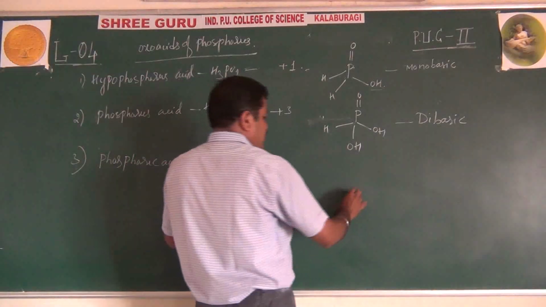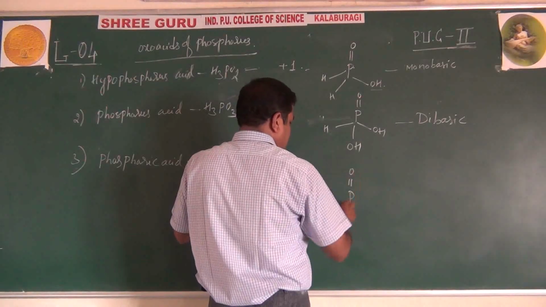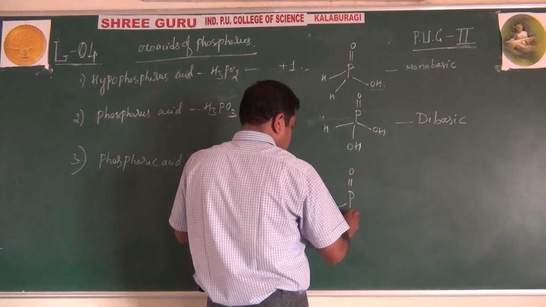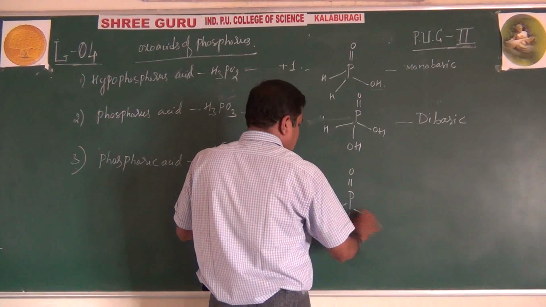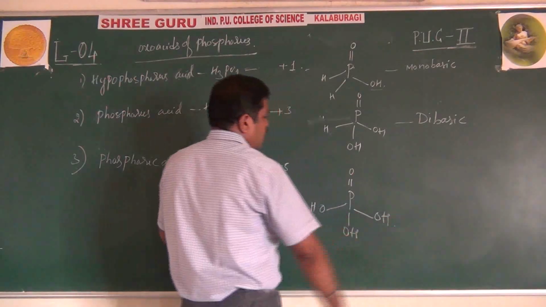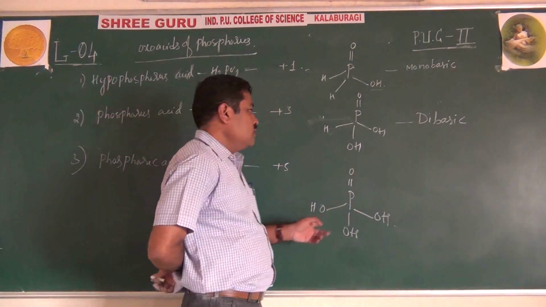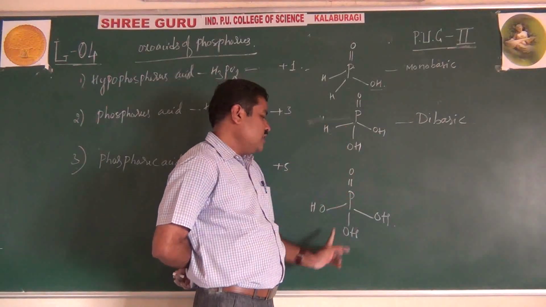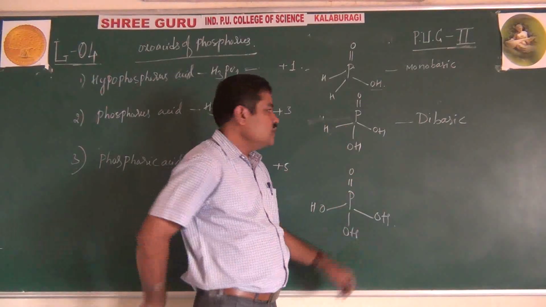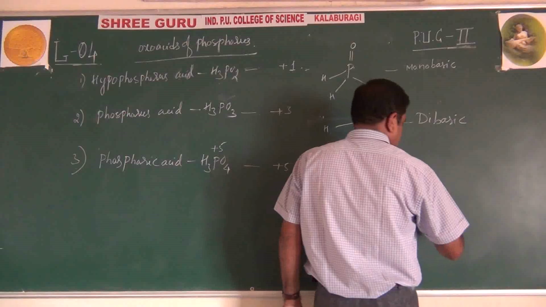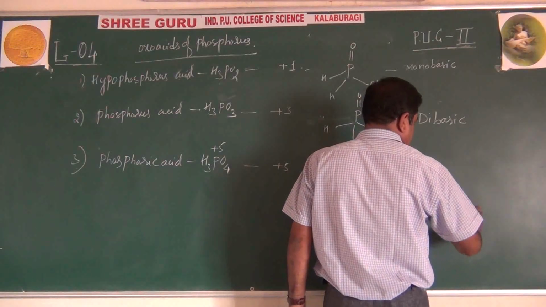And here it is very simple. Once again, one double bond, OH, OH, OH. Very easy to remember: as the number of oxygen atoms increases, the PH bond decreases and the OH bond increases. So this is tribasic.